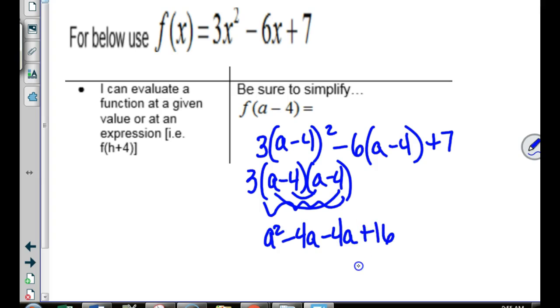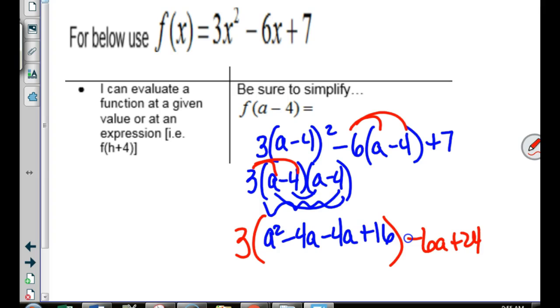But all of that is still multiplied by this 3 out front. If you want to distribute the 3 through here first, go right ahead. But remember, it would only go to one parenthesis, right? And then you would still have to FOIL. All right, and back here, I have minus 6a plus 24 and a plus 7.